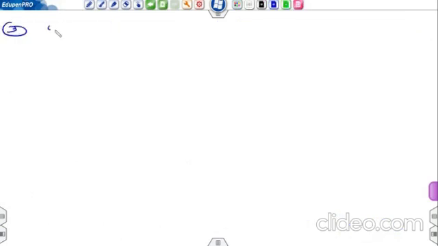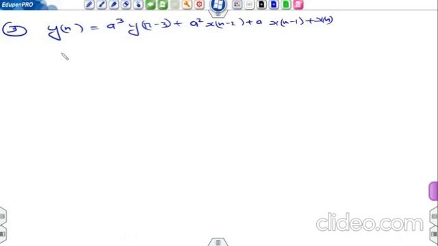Okay, coming to equation 3, that was y[n] equal to a cube y[n minus 3] plus a square x[n minus 2] plus a x[n minus 1] plus x[n] in time domain, and taking Z transform, H(z) will be equal to 1 plus a z minus 1 plus a square z minus 2 divided by 1 minus a cube z minus 3.